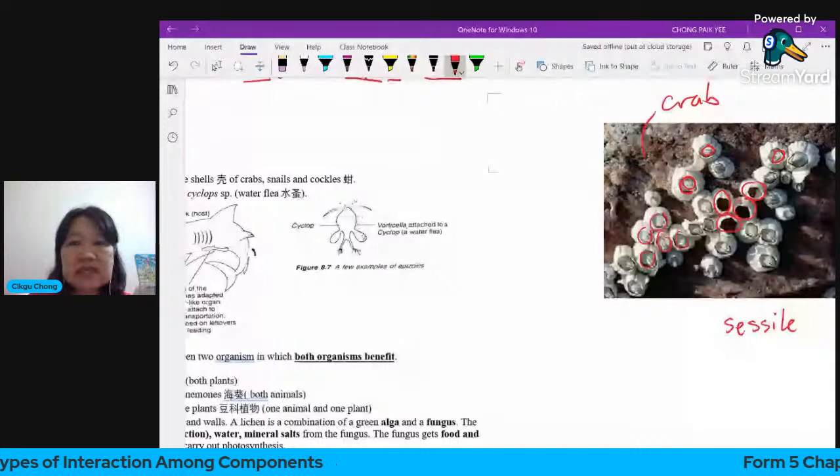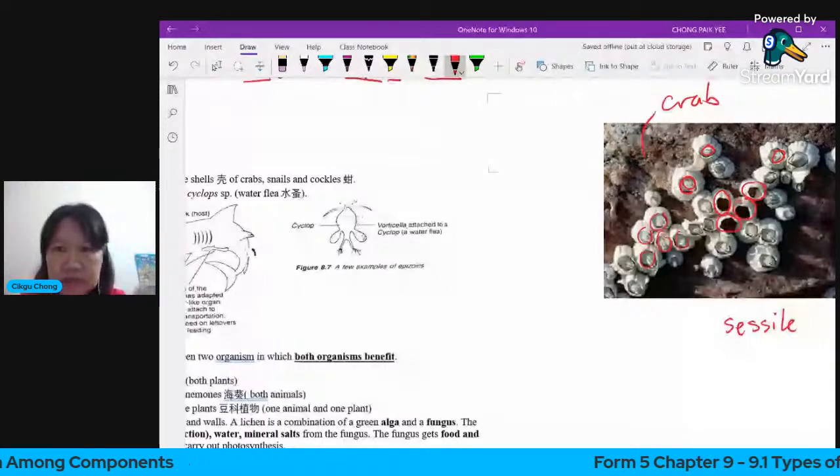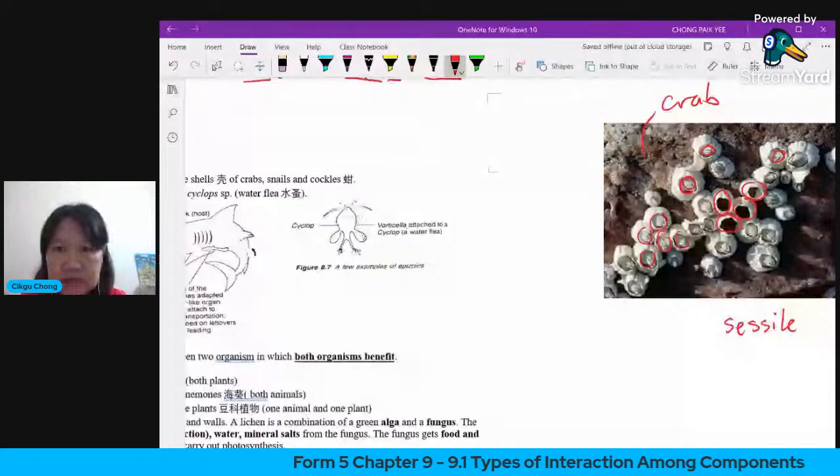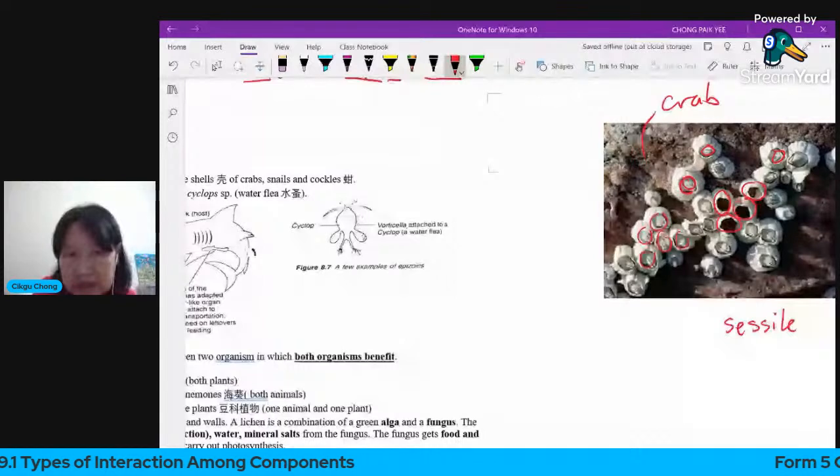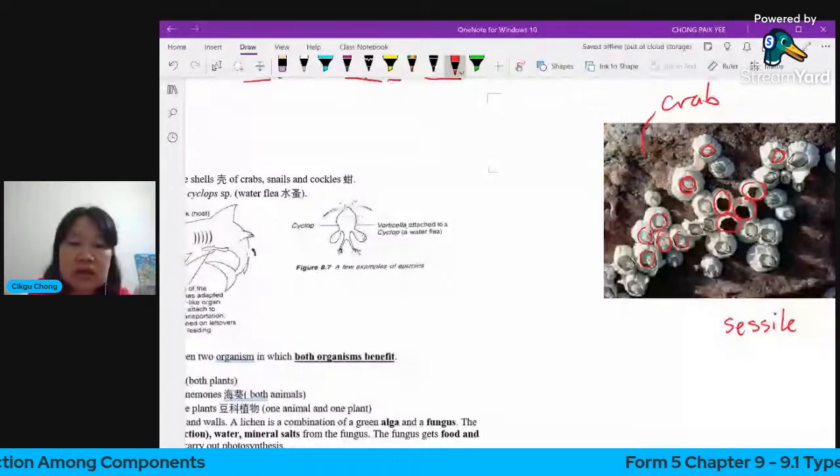So the hermit crab gets protection from the sea anemone. As a result, the sea anemone gets transportation and also leftover food from the hermit crab. So they help each other.